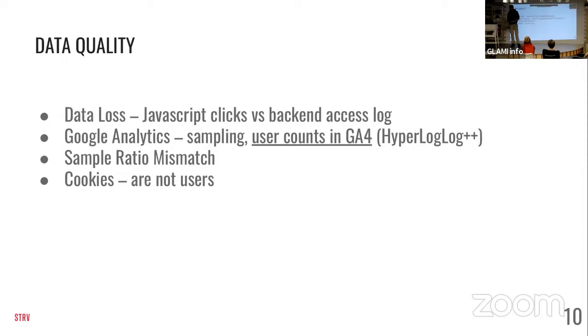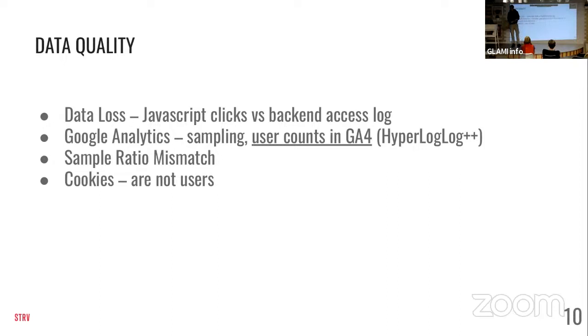A recent thing about Google Analytics, I found this last month or so. In Google Analytics 4, user counts are estimated. Even if you don't sample, if your website is small enough and there is a 100% sample rate, all these user counts are estimated.